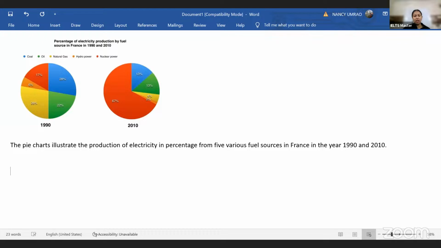If I have to write the overall, we can write it as: Overall, comma, it can be inferred from the charts that you have to check the major, the maximum. You can see maximum electricity was produced by oil.